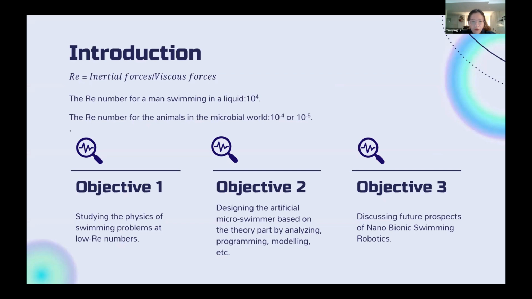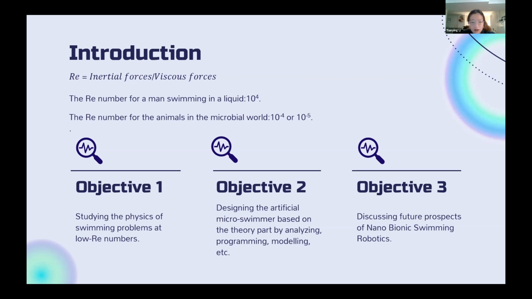On this basis, we are inspired to design a bionic robot on a macro scale, an artificial structure imitating the external shape, movement principle, and behavior mode of organisms in nature. So the project aims to simulate its motion in low Reynolds number fluids and explore complex future applications in different fields.